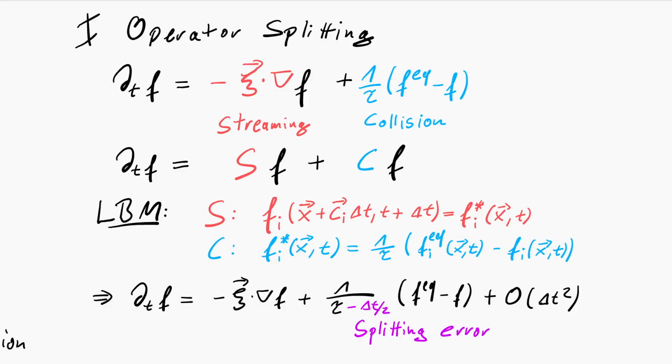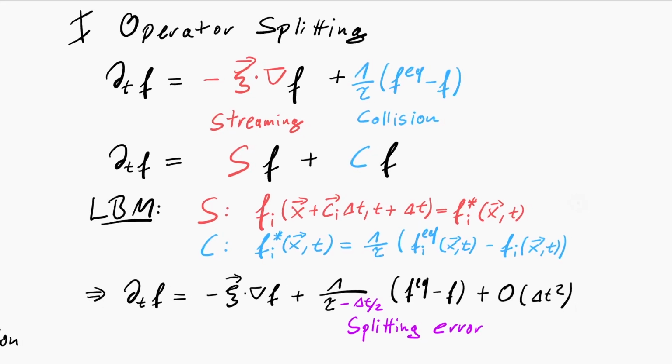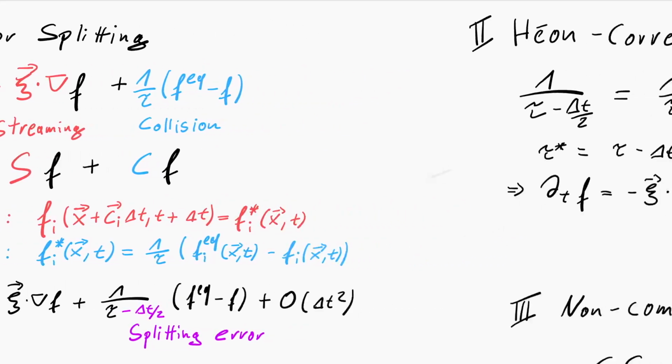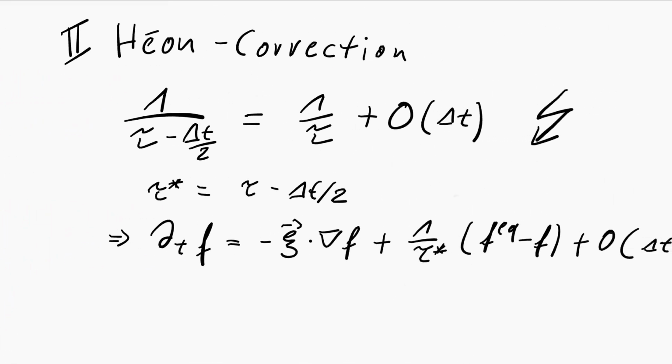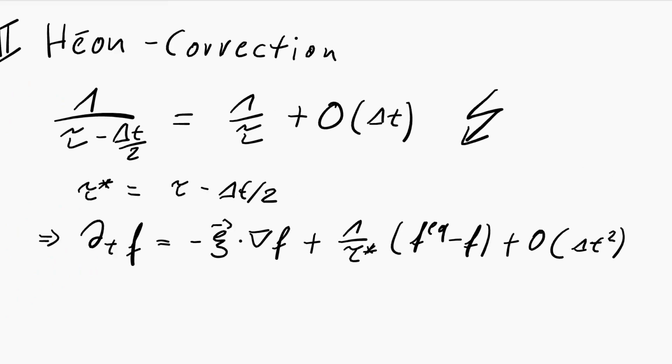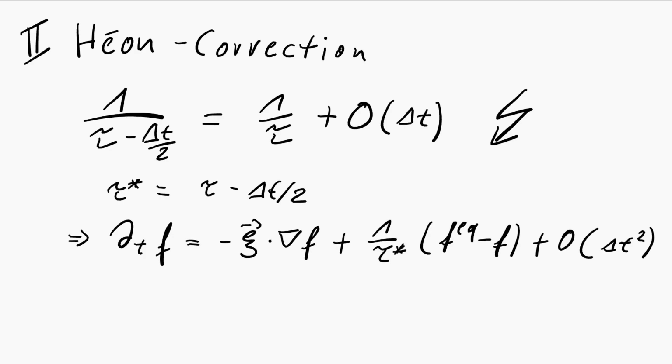So this error here is significant because it will be of first order, so it will actually kill our simulation, because if you do something that is first order, you are considered incompetent.